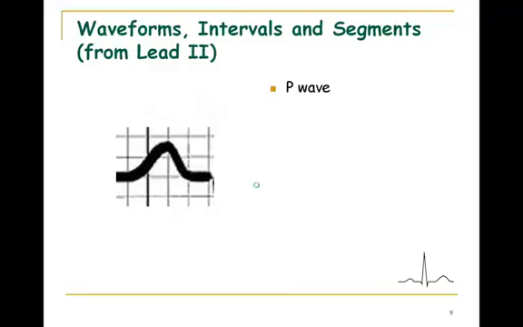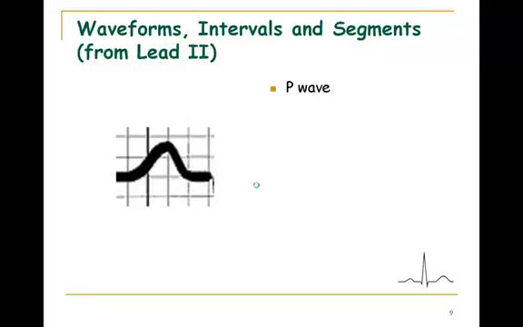Now what I'm going to do is go over some of the waveforms, the intervals, and the segments, and some key bits of information that I want you to remember. It is very important that you know what is considered normal, because when we go into the abnormal EKG, it will make a lot more sense.